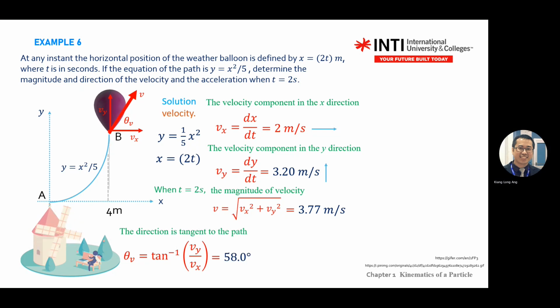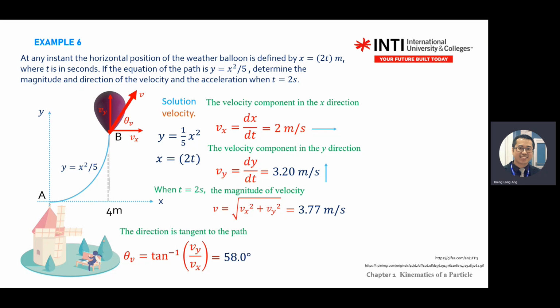So this is a rectangular triangle, right? This is trigonometry, because it's 90 degrees. This is a right-angle triangle. So you can use tan, cos, sine, depending on the parameters that you have.